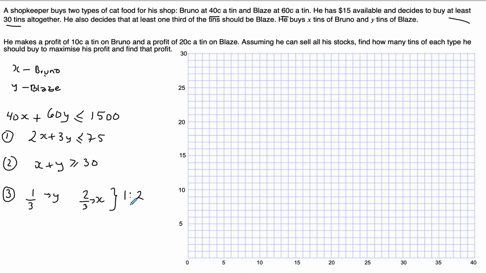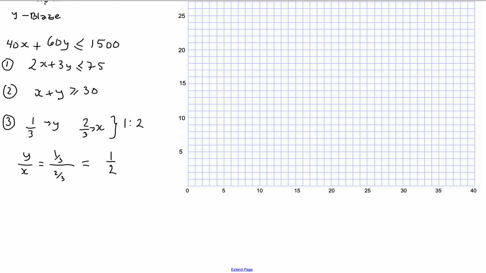And I can write this as a fraction of 1/2. Or you can say, well, y divided by x is the same as 1/3 divided by 2/3, which is 1/2.